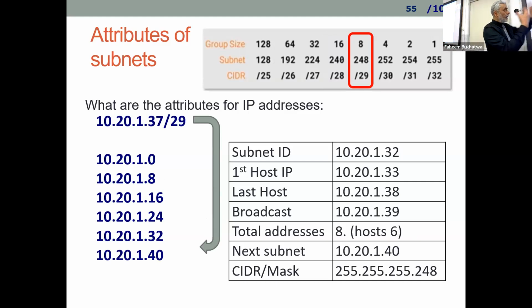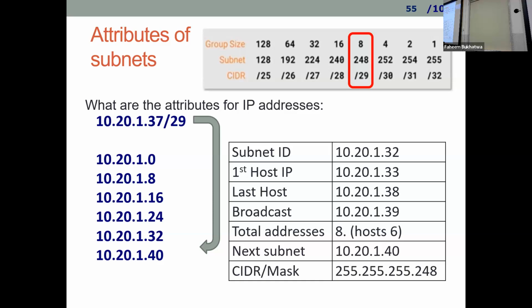How about this one? It's just reading the sheet that we have. What are the attributes of this IP address? 10.21.37/29. How big is each subnet? How many addresses are there? You go to the cheat sheet at /29: 8.